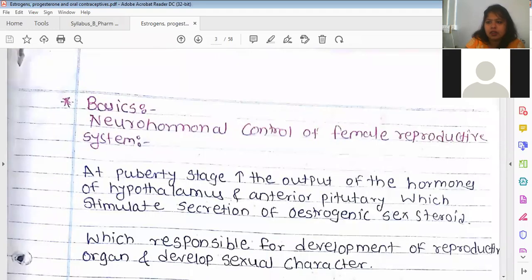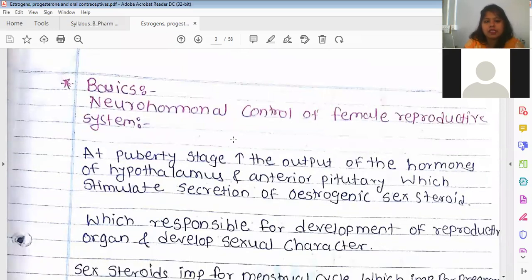Then, with the unit, what is the basic? That is the neurohormonal control of the female reproductive system. At the puberty stage, when it is a young period, at that time the hormones get synthesized and released inside the body. As time goes, our body starts the secretion of estrogen and the sex steroids.